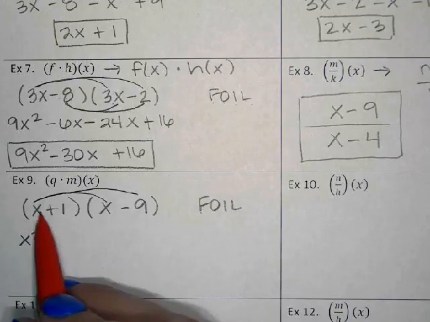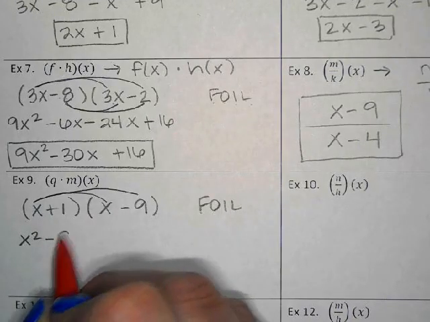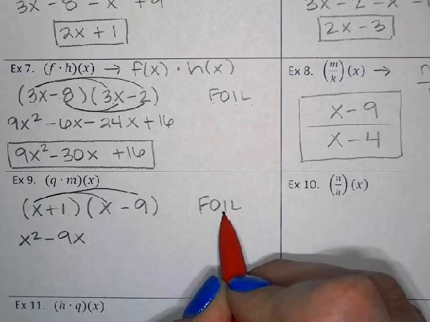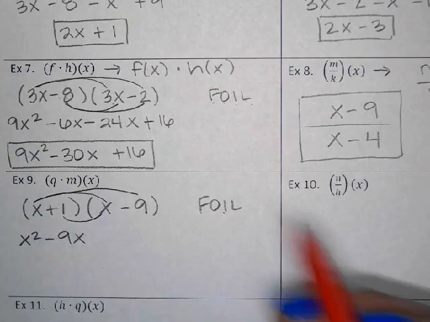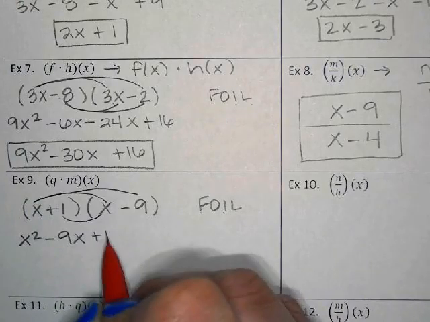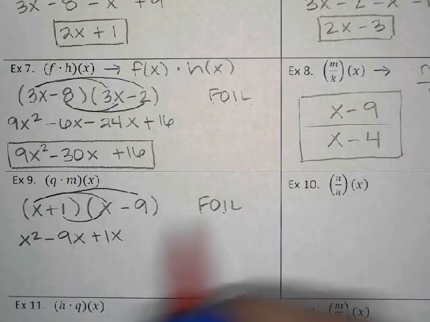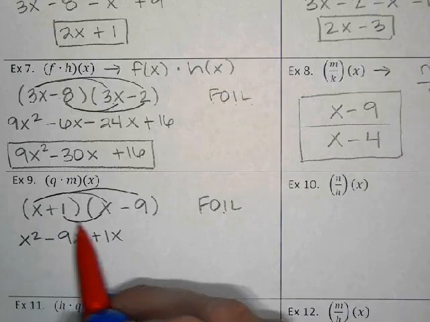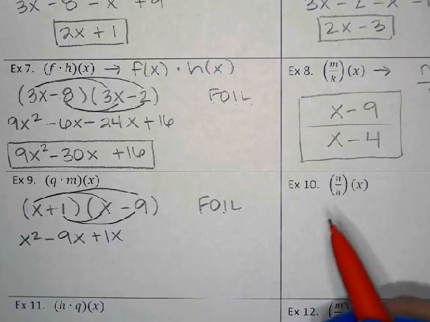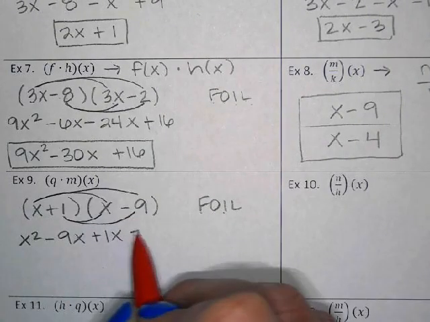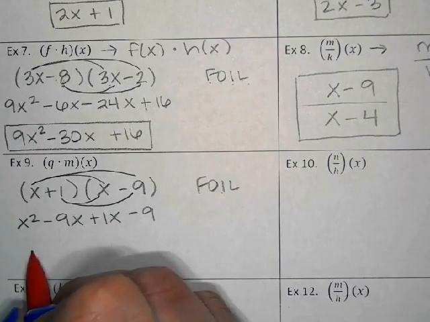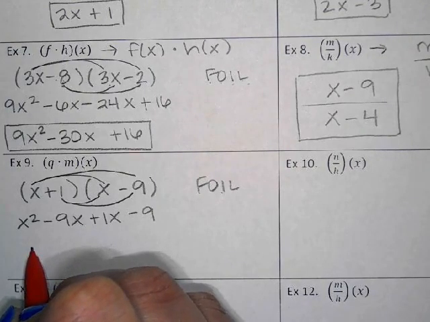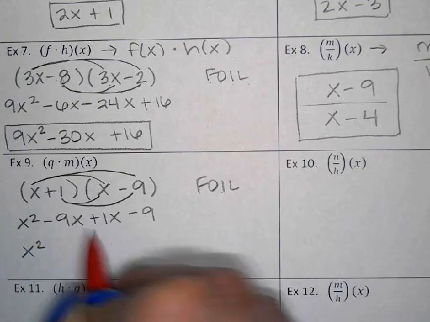I is the insides. What do I get when I multiply the insides? Plus 1x. Okay. L is the last. What do I get when I multiply the last? Negative 9. Okay. And if I add them all together, what do I get? Perfect.